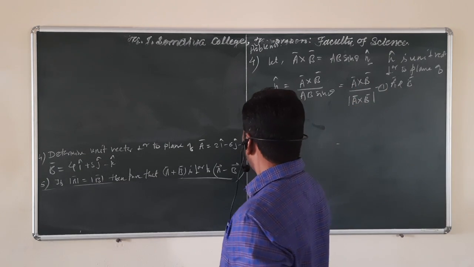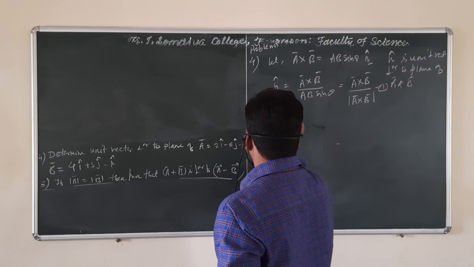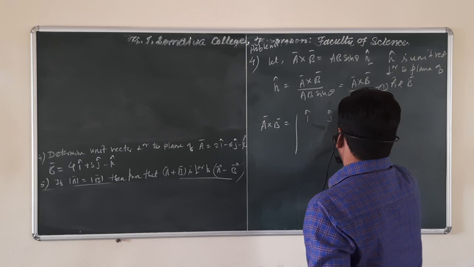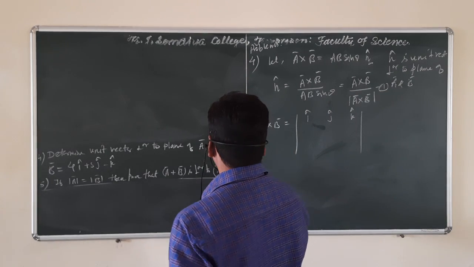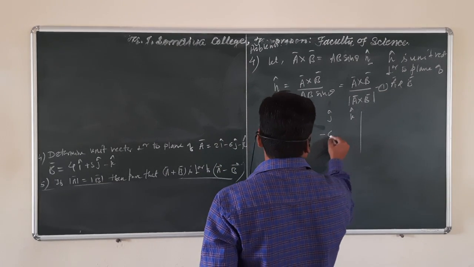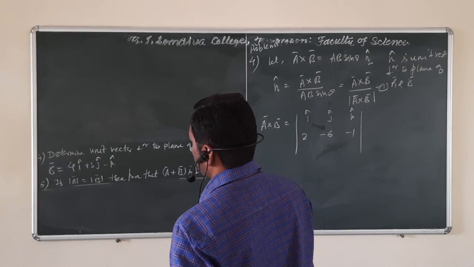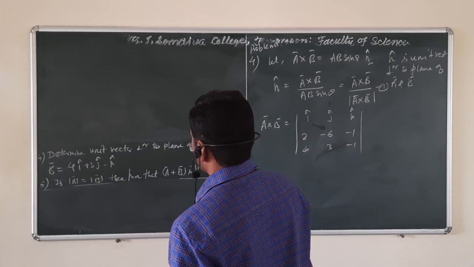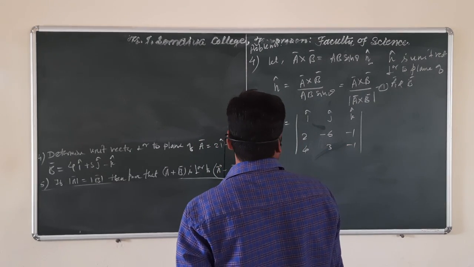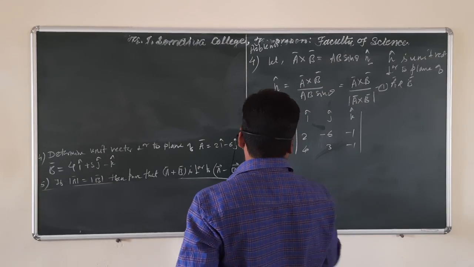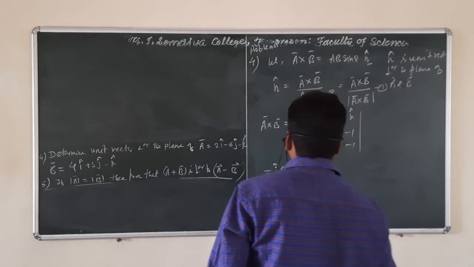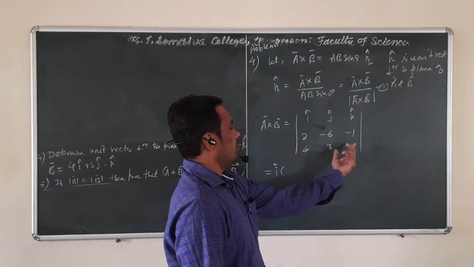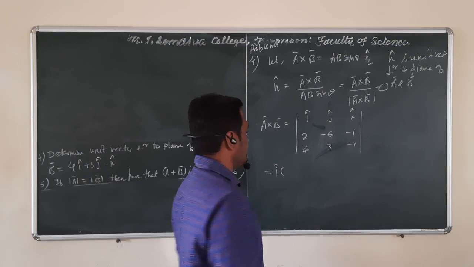So let A cross B be equal to the determinant with rows i, j, k. The coefficients of vector A are 2, minus 6, minus 1, and of vector B, 4, 3, minus 1. Now this is equal to i cap into 6 and minus 3, which is 9.